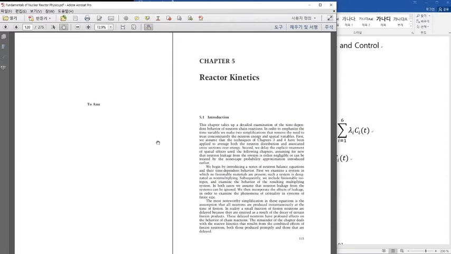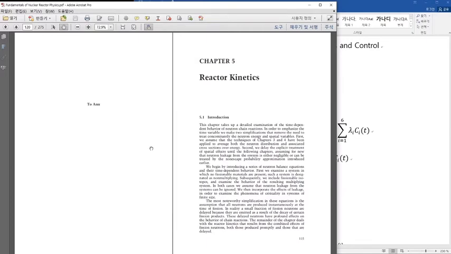If you remember the title of this course, Nuclear Reactor Kinetics and Control, then you may understand how important this chapter 5 is.